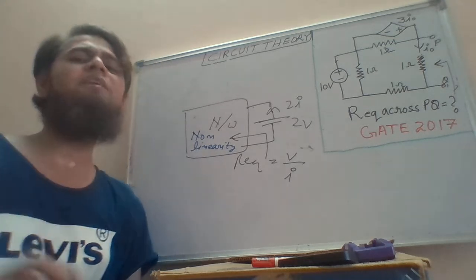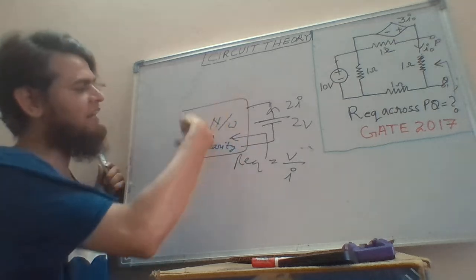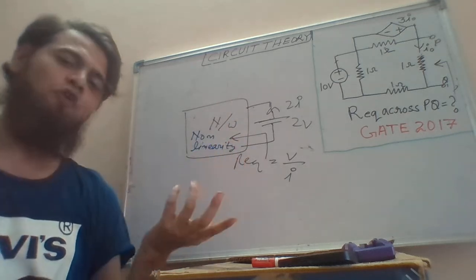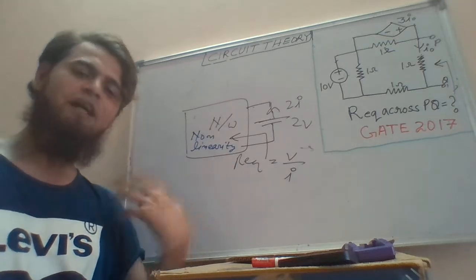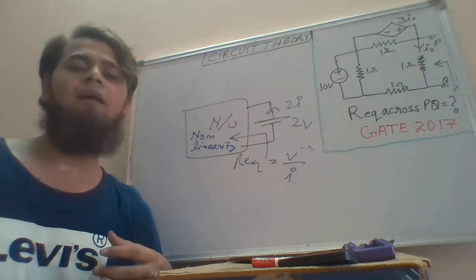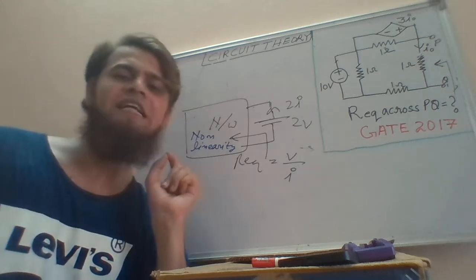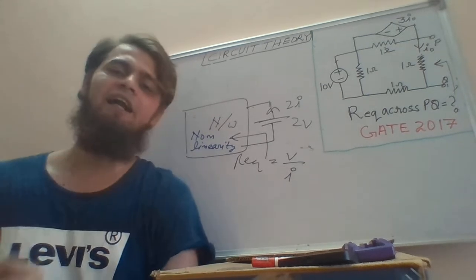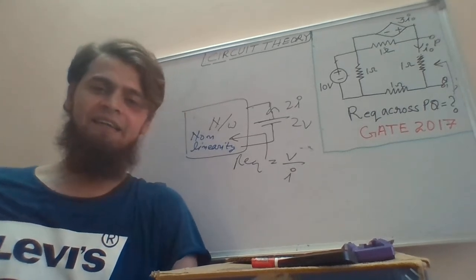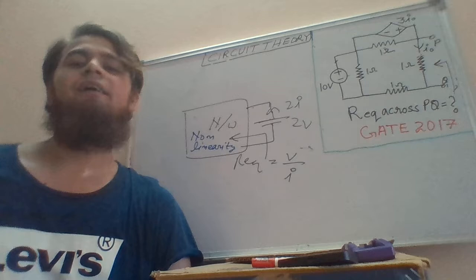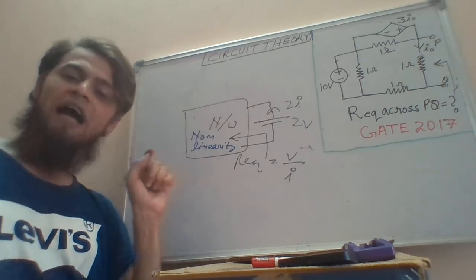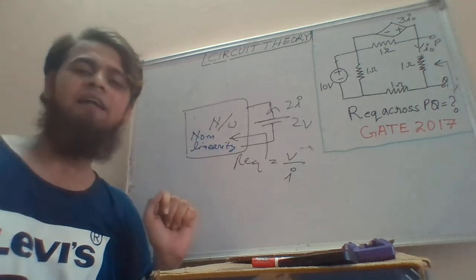And the reason is pretty simple, because this network has non-linearity. You know, if you double the voltage, the current gets doubled. What is this? This is the homogeneity principle. And the homogeneity principle is valid only if there is no non-linearity in the network. But you haven't killed the independent sources, so you haven't killed the non-linearity.